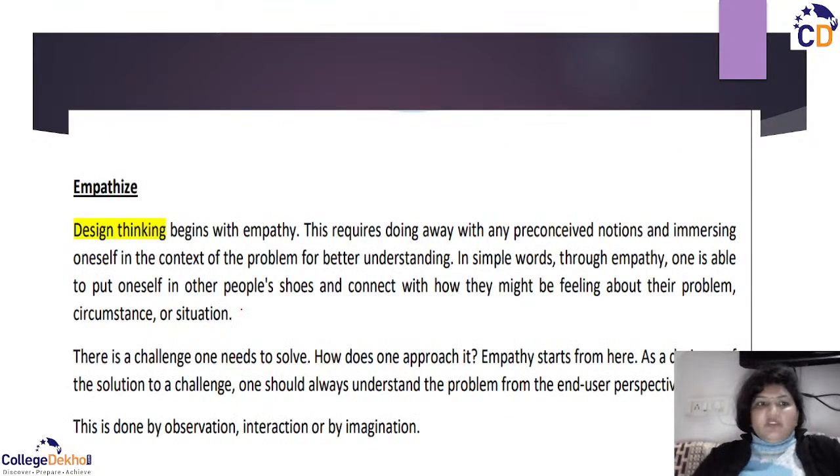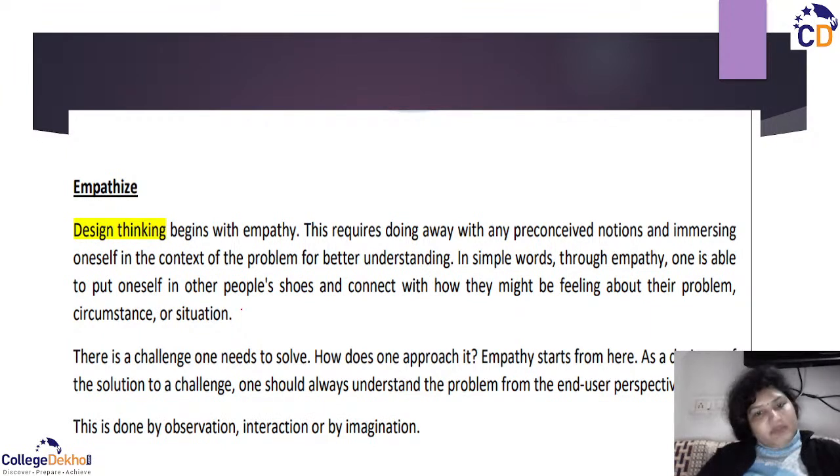So let us begin with the first part, empathize. Empathize begins with empathy. What do you mean by empathy? Empathy means putting yourself in someone else's condition. In simple words, through empathy one is able to put oneself in other people's shoes and connect with how they might be feeling when they are having some problem or circumstance that is not solved.